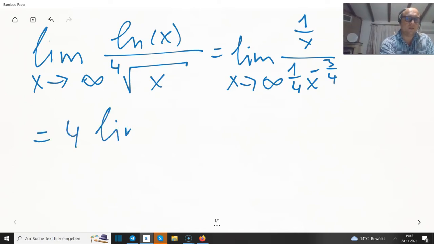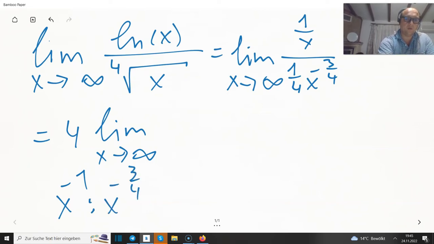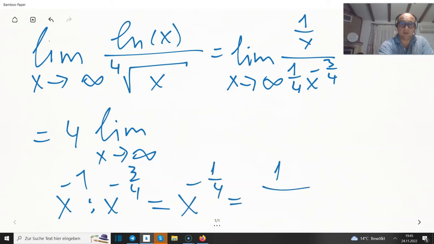Sure, it's 4 times the limit x towards infinity of x to the power of minus 1 divided by x to the power of minus 3/4. So what's happening here? We are subtracting: minus 1 minus minus 3/4, so the result is x to the power of minus a quarter, or 1 divided by the fourth root of x.